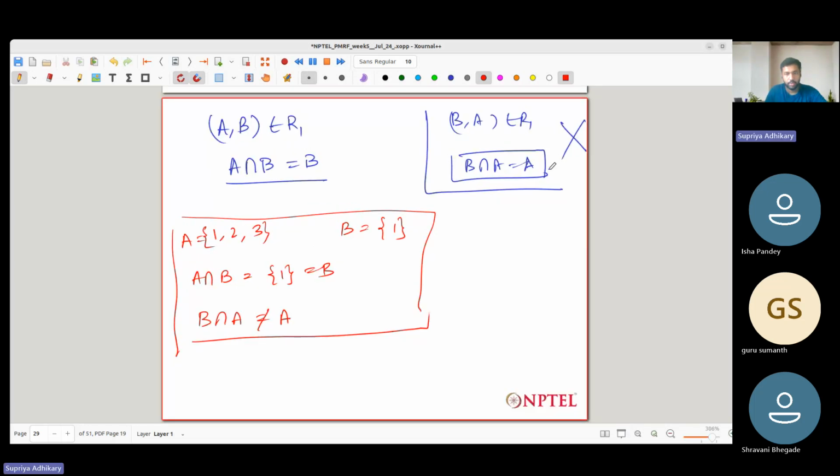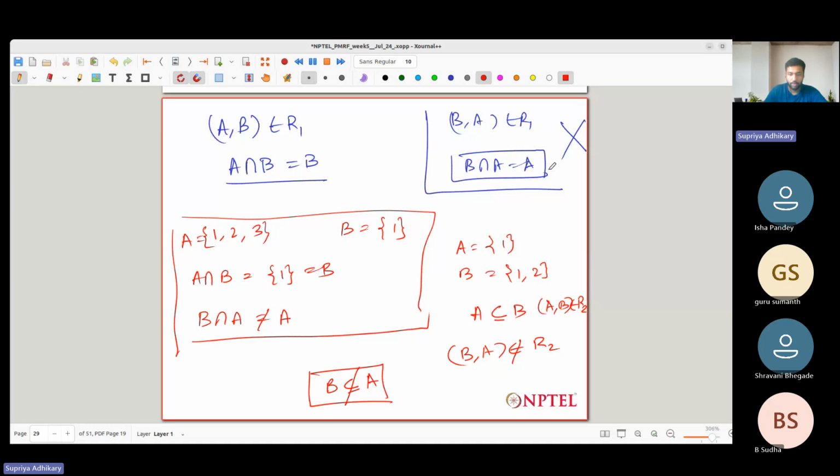We can take A to be the singleton {1} and B to be, let's say, {1, 2}. Then we can definitely say that A is a subset of B, meaning that (A, B) is related. But if we consider (B, A), this no longer belongs to the relation R2, because B is definitely not a subset of A.